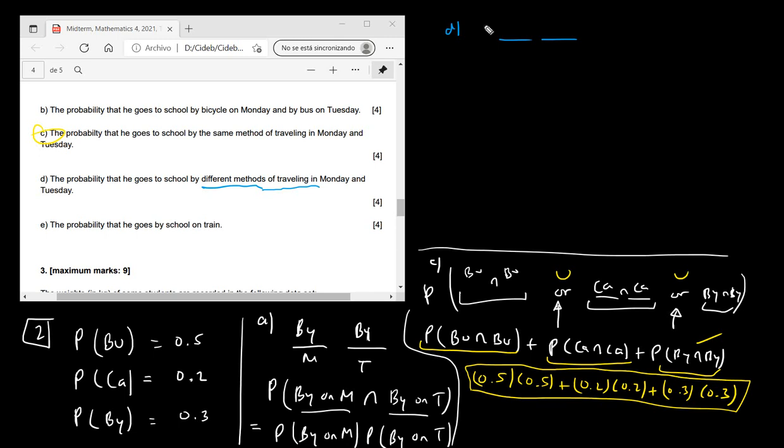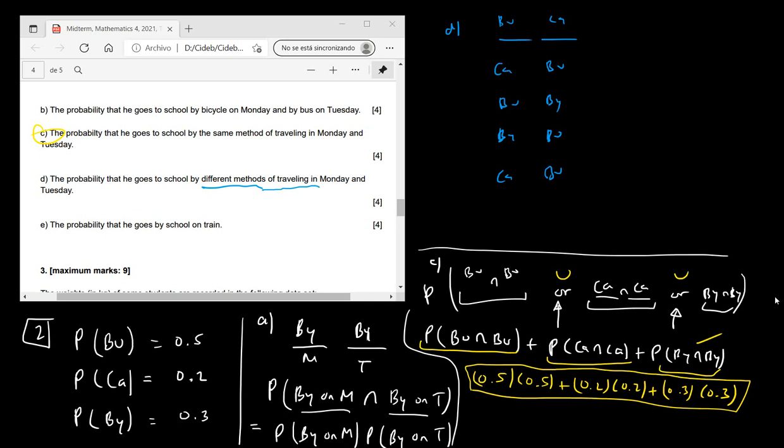For example, I will just give you a sample: bus, car, bus, bus, bicycle, bicycle, bus, car, bus. Okay, so you have many, right? And you're going to be adding a lot of stuff. This is not a wise method of attacking this problem. This would be the direct method.